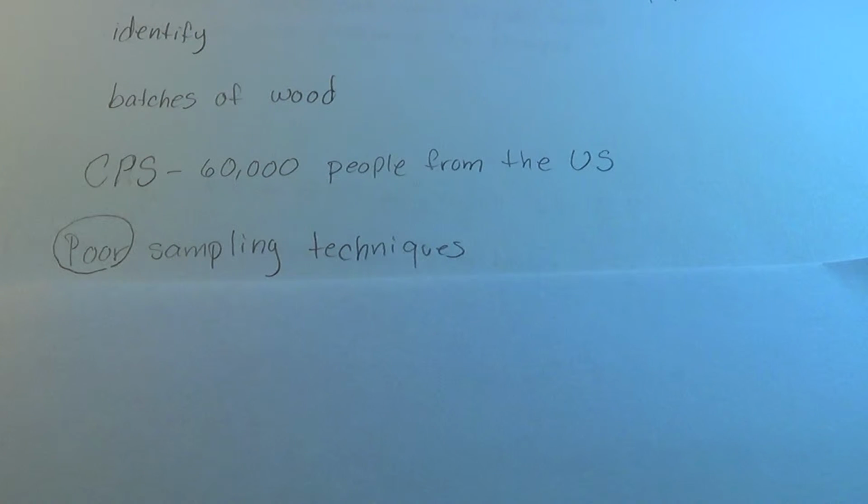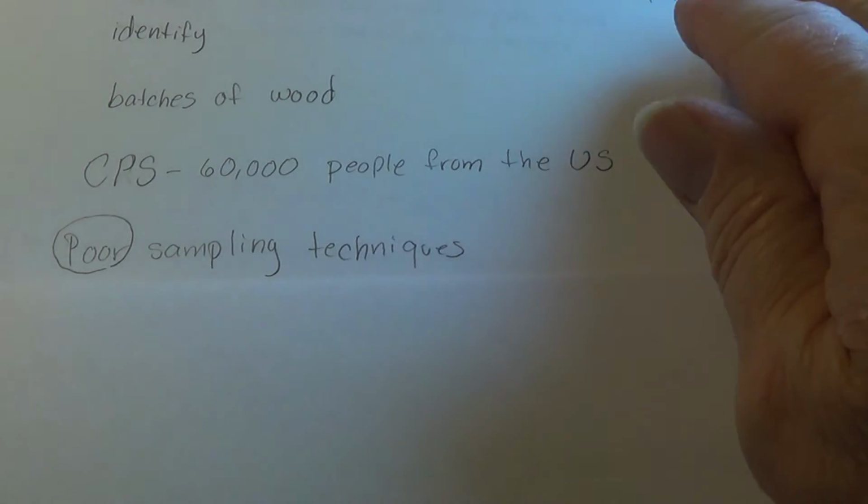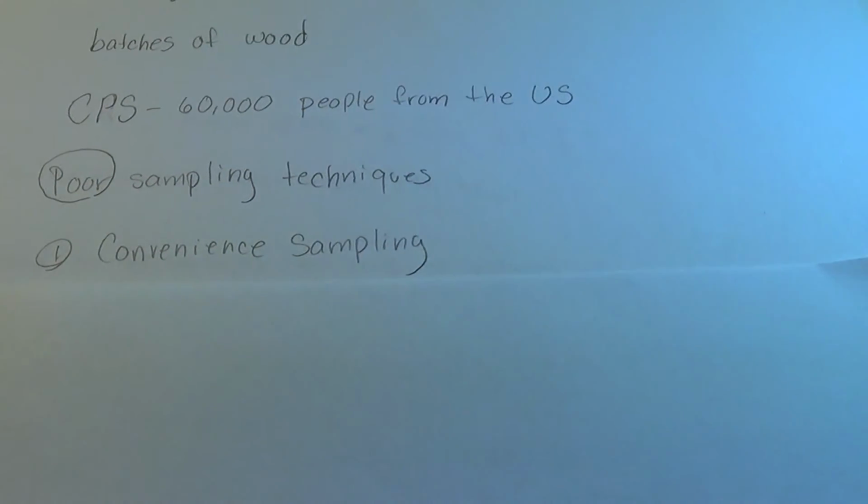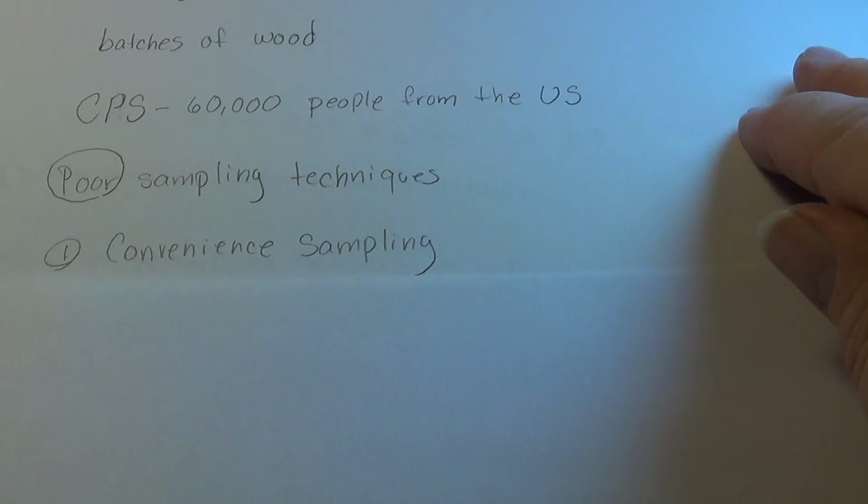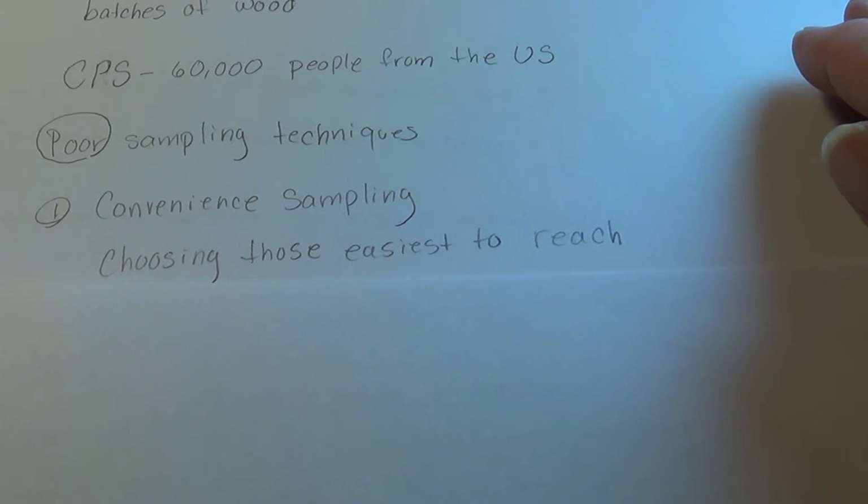And lo and behold, they all had graphing calculators, so 100% of the students in New Covenant Christian School have graphing calculators. Obviously that was a poor sample, and that kind of sample is called a convenience sample, where you choose the easiest people, or animals or things in your population, those easiest to reach.